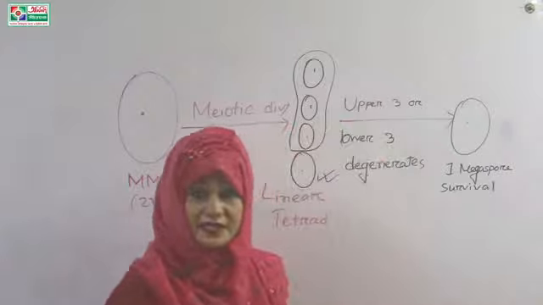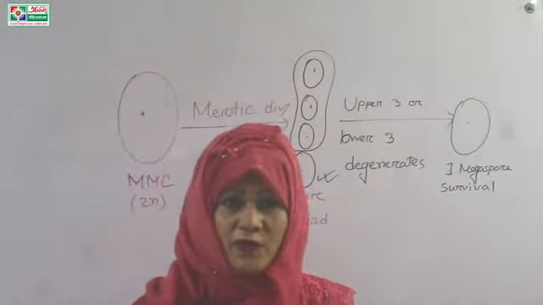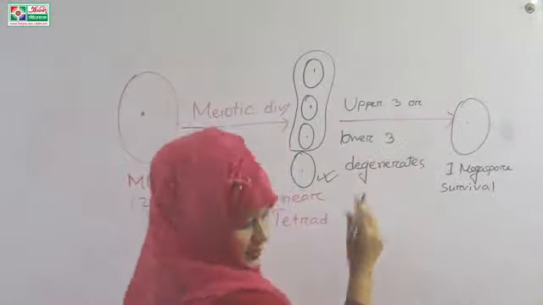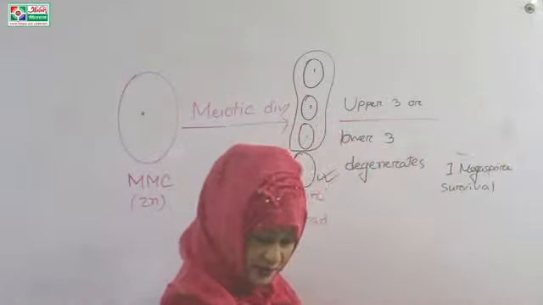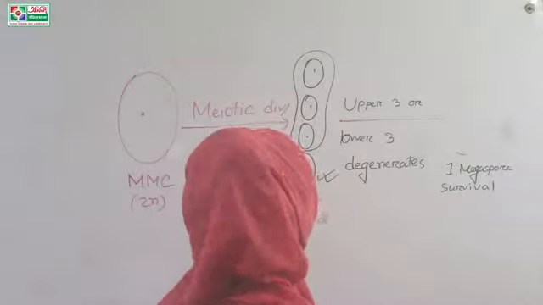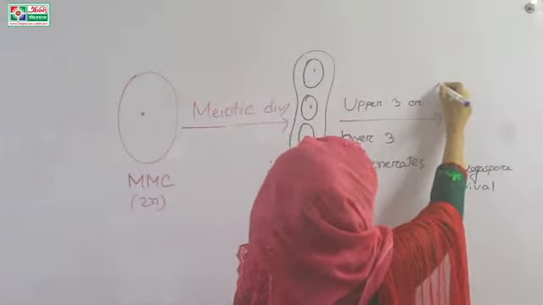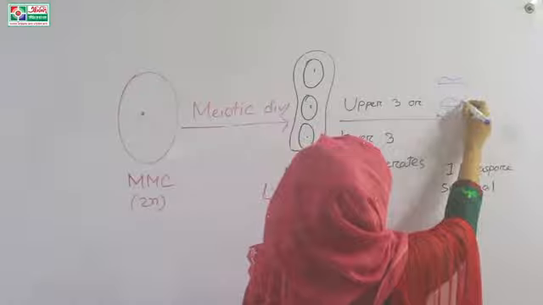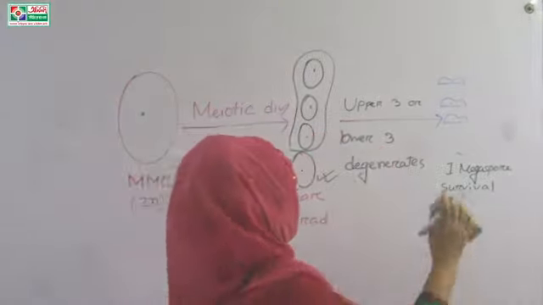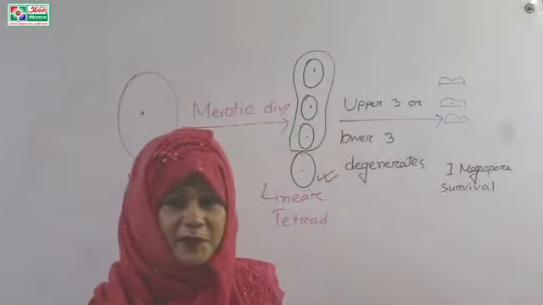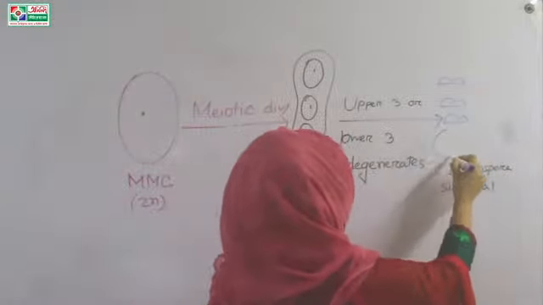We should draw how these degenerate. Let's draw this. 1, 2 and 3. These are degenerating megaspores, and the survival one is this.